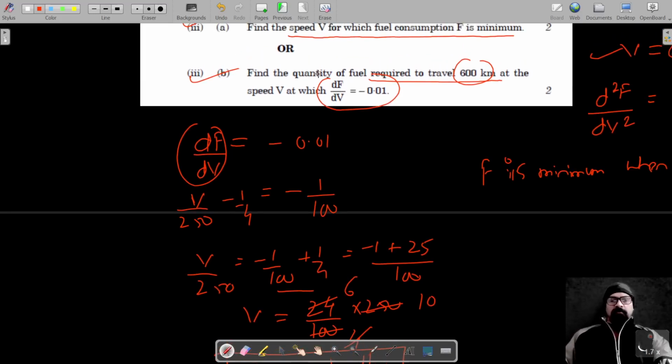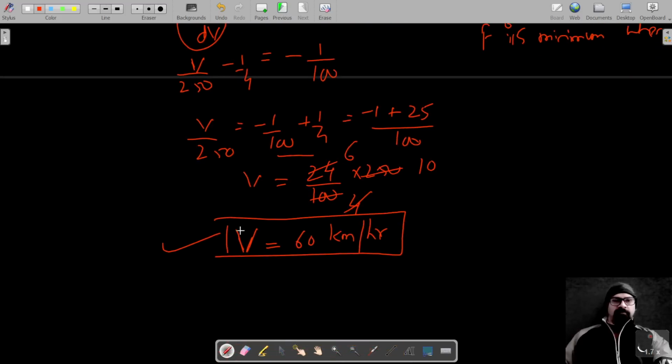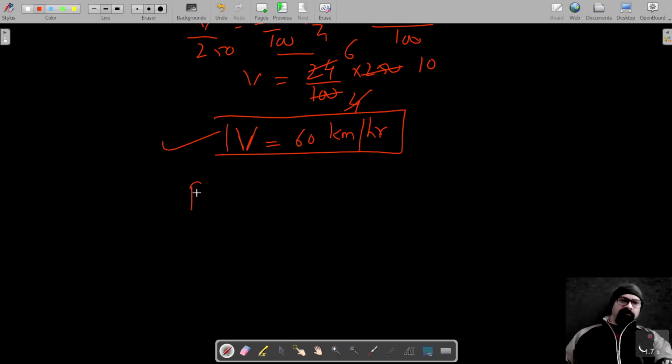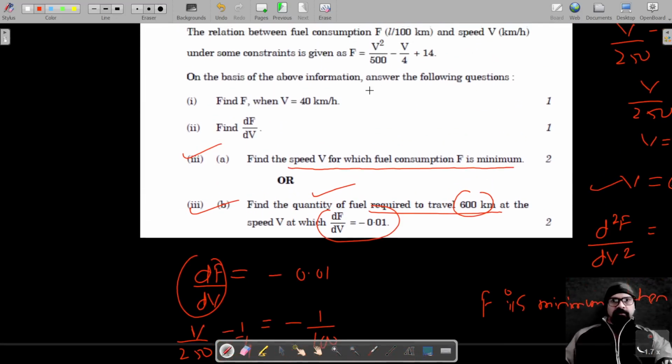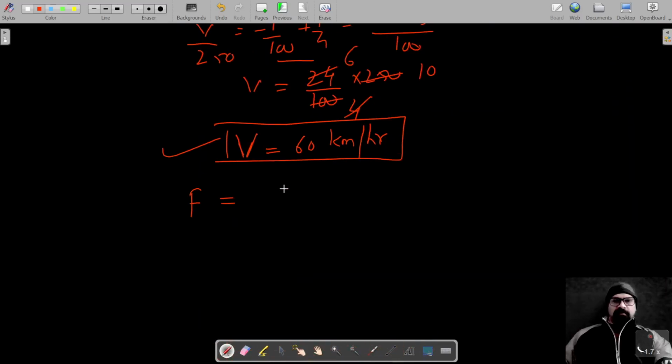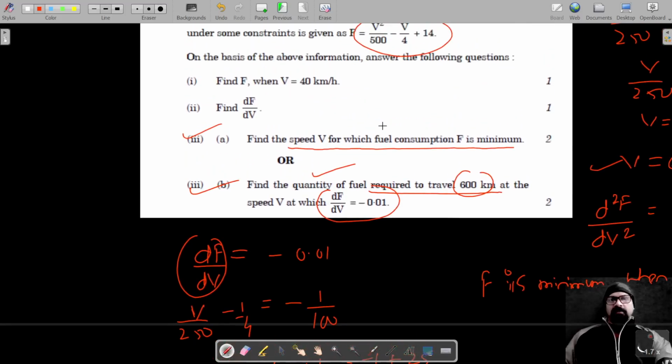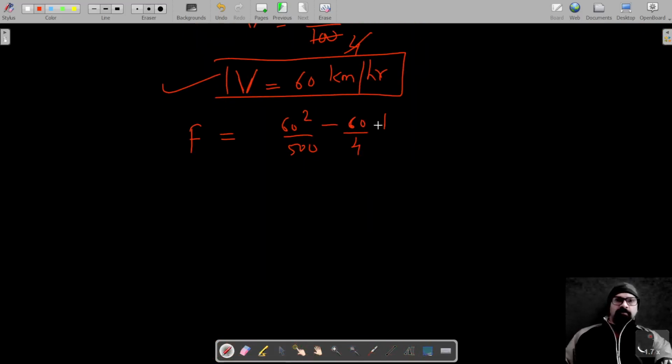Now we have to find the quantity of fuel required to travel 600 kilometer at speed v. So speed is 60 kilometer per hour. Let's use the given equation f to find out the fuel consumed at 60 kilometer per hour. So this is 60 square by 500 minus 60 upon 4 plus 14.